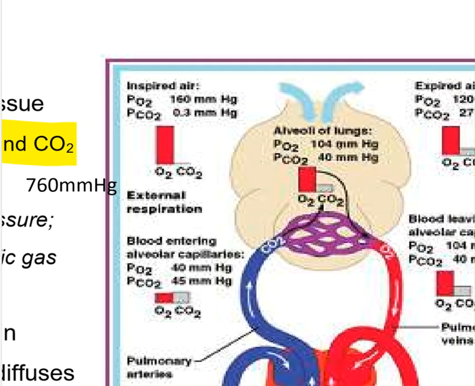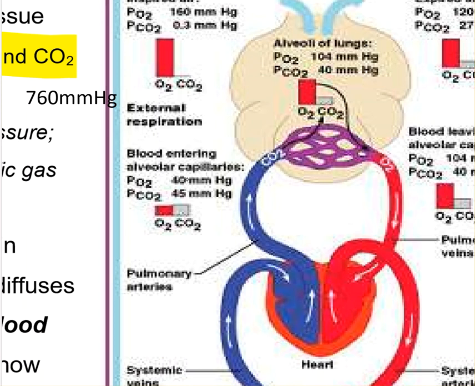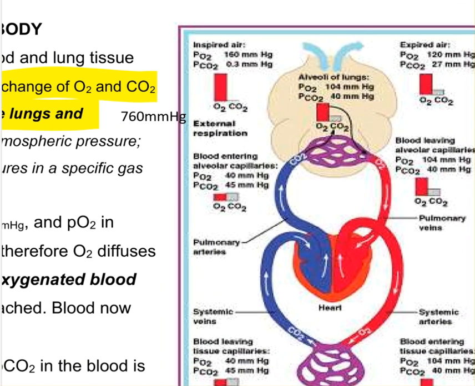If there's only 104 in the lungs and the blood entering the capillaries only has 40, oxygen will want to move from the lungs into these capillaries because this number is higher. So you don't need to necessarily memorize the numbers too much. What you really want to know is the direction of movement of things due to the pressure.